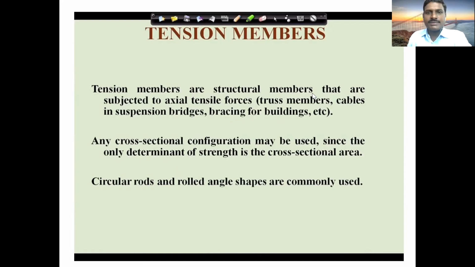Tension members are structural members that are subjected to axial tensile forces.